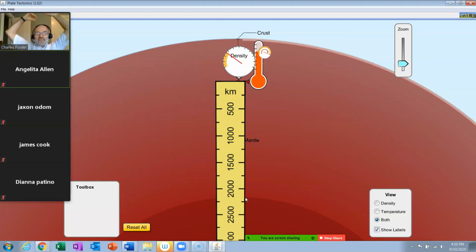Would you agree? All right, 2,200 kilometers, thickness of the lower mantle, right? All right, what's next?